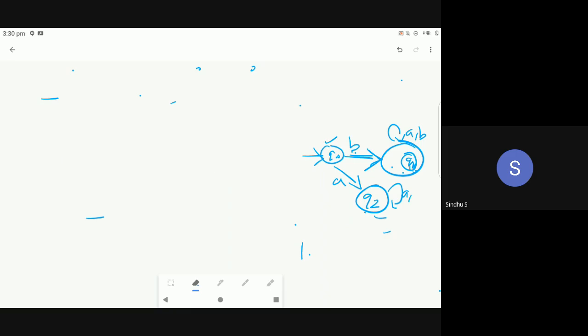So let me give a justification for why this finite automata is deterministic. Why do we call this finite automata a deterministic finite automata? When will the machine be deterministic?